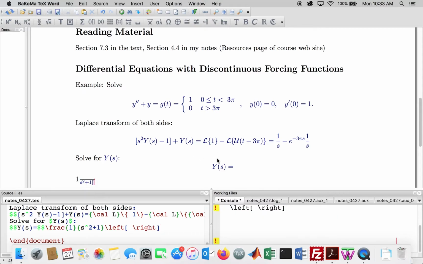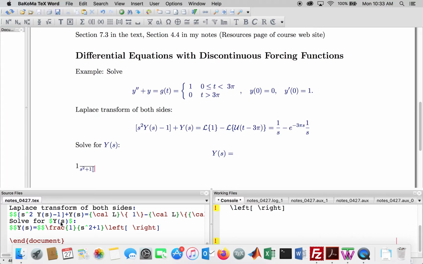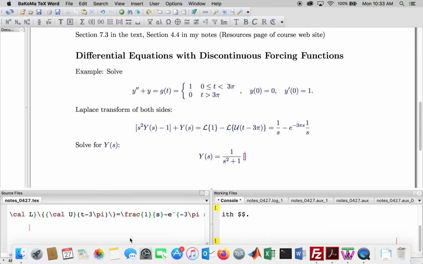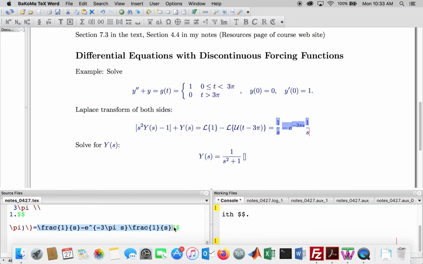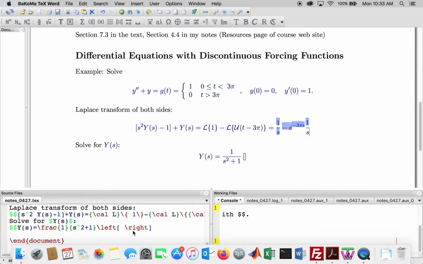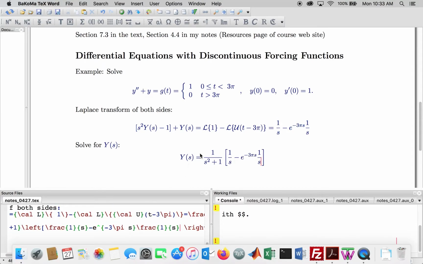Okay. Now, something went wrong here. Oh, okay. So now what I include in these brackets is everything that was already here. So I'll just copy and paste that. And then this minus 1 gets moved to the other side.